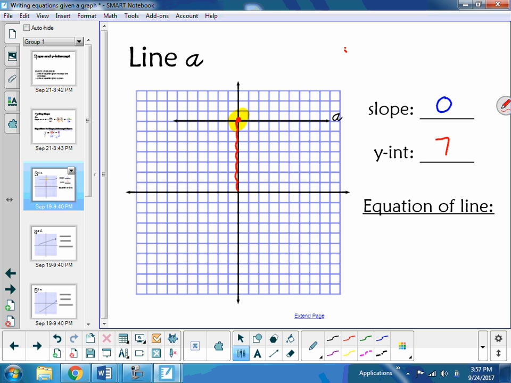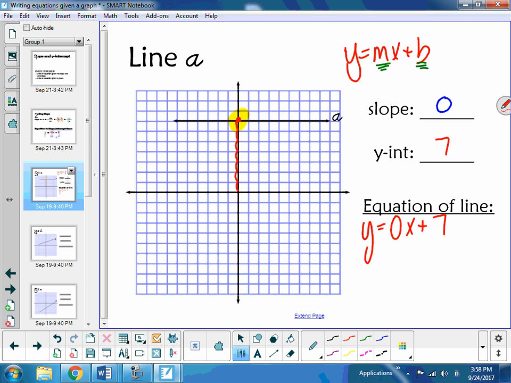Remembering y equals mx plus b, we are only replacing the slope and the y-intercept. So y equals, for our slope, 0 times x plus my y-intercept, 7. Now remember last week, when we came up with examples of the equations, we said whenever we have a horizontal line, it's just y equals a number.